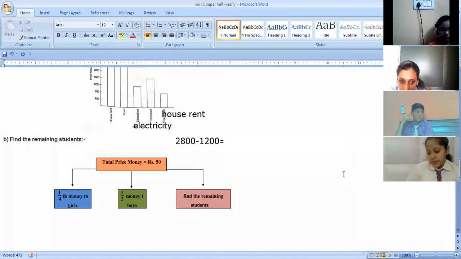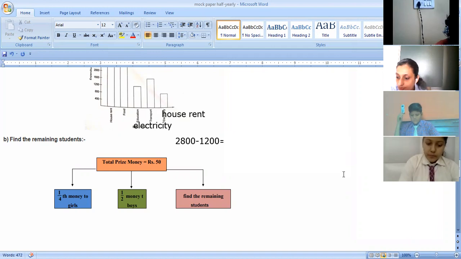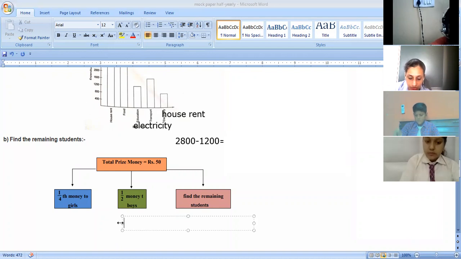Yes. Girls will be, if the half of 50 is 25, so 25 will be the boys. The half of 50 is 25. So there are 25 boys. And 1/4 of 50 is 12.5.